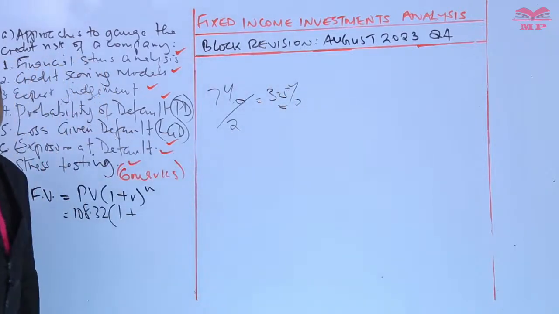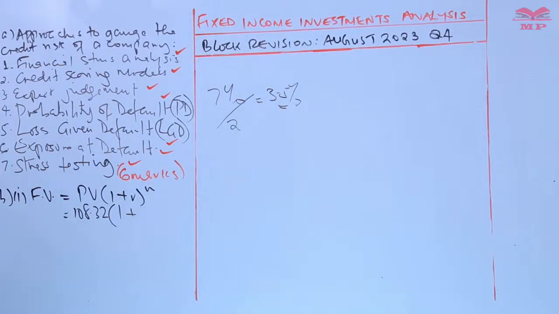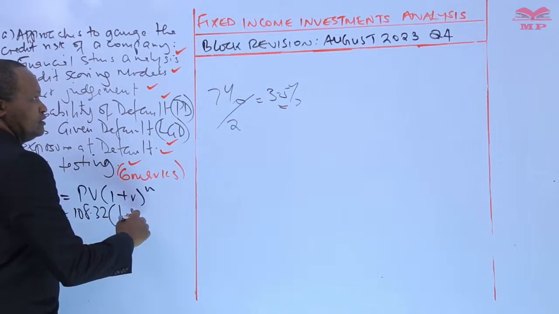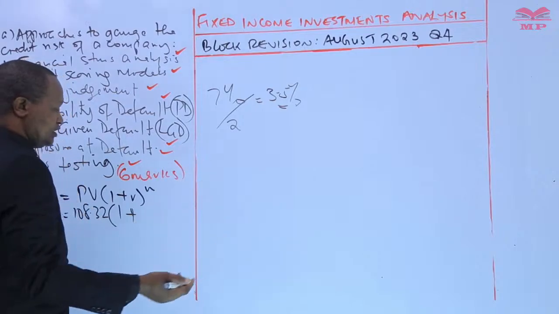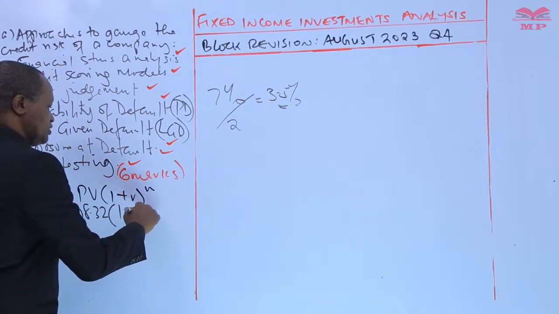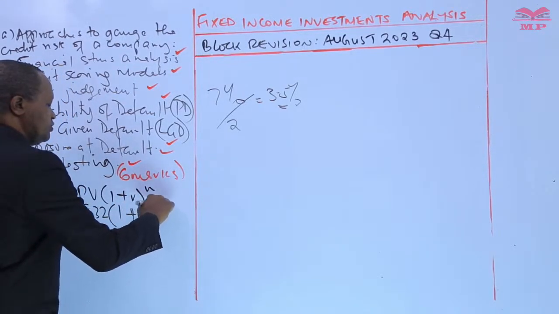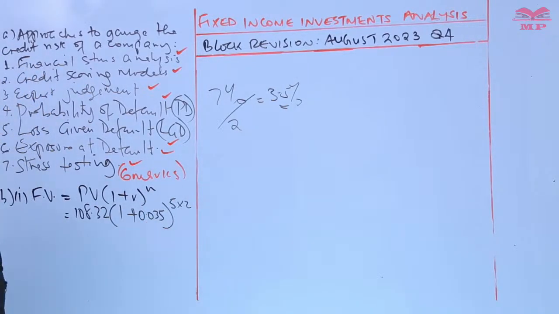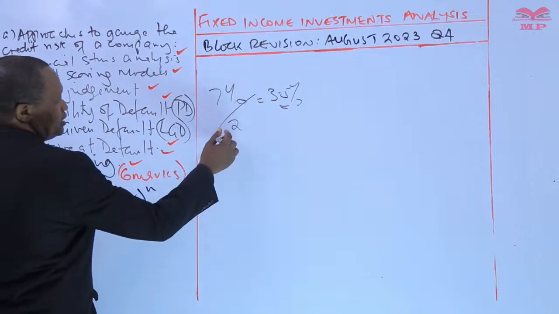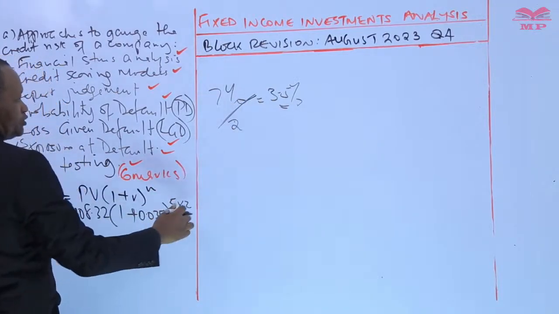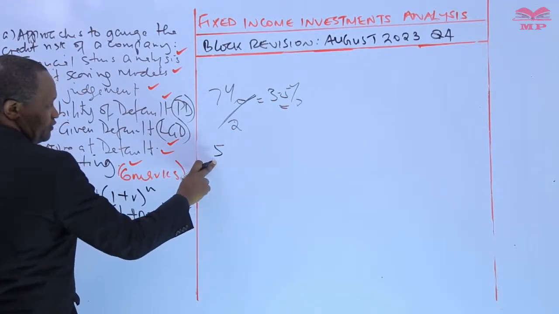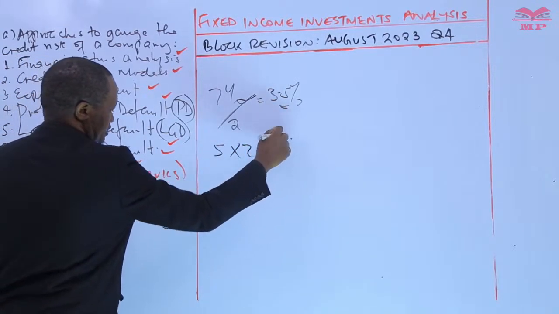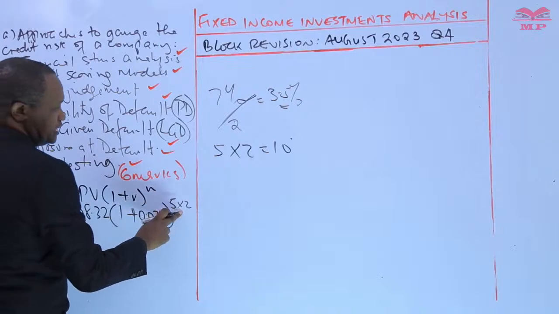So 3.5% will be our discounting rate. 3.5% converted into decimal is equal to 0.035. We raise to 5 years times 2. Why times 2? Because this interest is paid semi-annually, so we divided the rate by 2. When it comes to the period, we take 5 years, and each year has 2 periods. So we times 2 to get 10. So this n is 10.